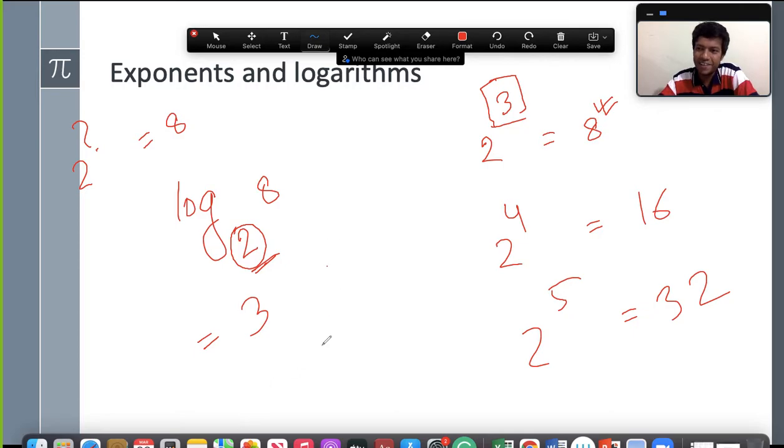Logarithmic functions are this simple. The log base will remain the same, and the answer comes here. So if the question is: 2 to the power what equals 4? The whole of mathematics works this way.